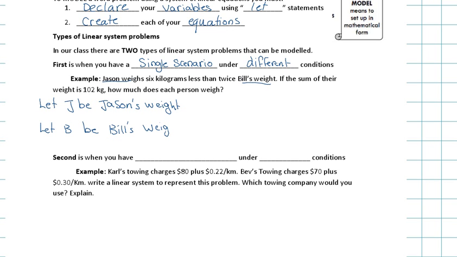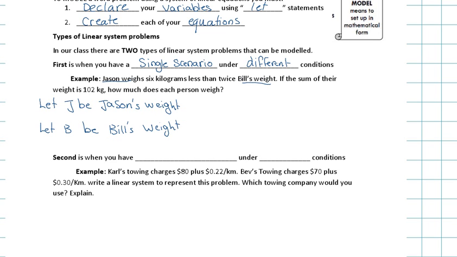Good. Now we're going to have to write two equations. The equation should have the two letters, J and B. Nothing else, no other letters. It's either J or B, or both.